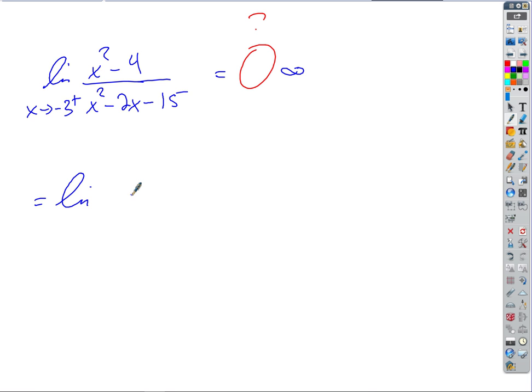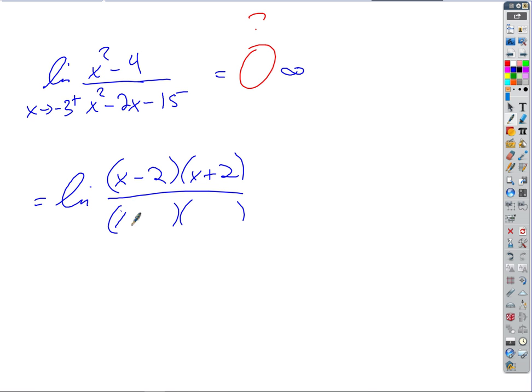So on the top, what does that factor into? X minus 2, x plus 2. On the bottom, x minus 5, x plus 3. So we know we're getting 0 on the bottom, a number on the top. In fact, let's not even have to think about that in advance.